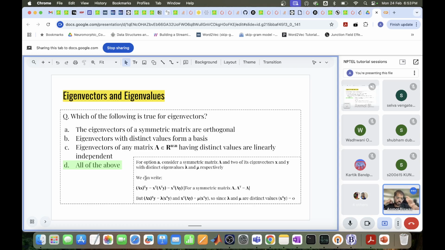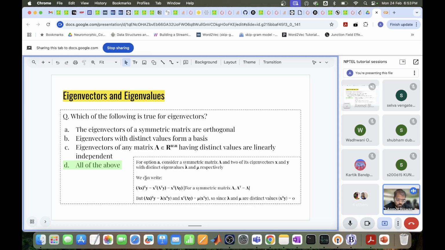When you have a product of two matrices, or a product of a matrix and a vector, and you take the transpose, what happens? Let's say (AB) whole transpose, where A and B are matrices.